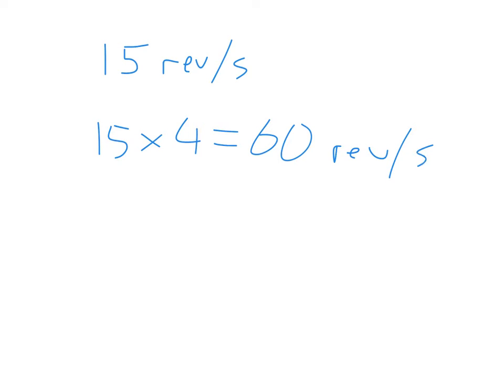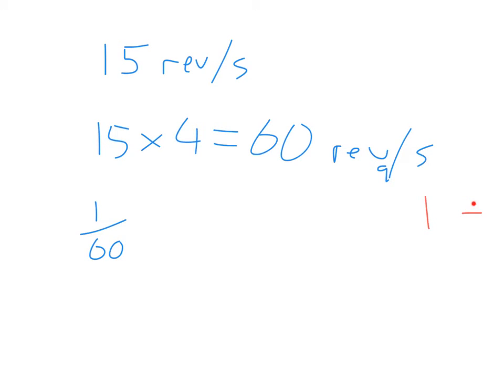I'm just going to put down RevQ for quarter revolutions. Now, if there's 60 quarter revolutions per second, then if we divide a second into 60 parts, that will be the amount of time between each of those quarter revolutions, or the amount of time it takes for our coil to go from this position to this position.